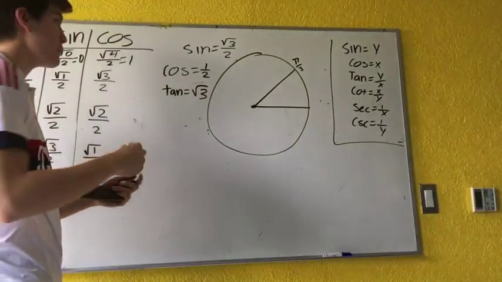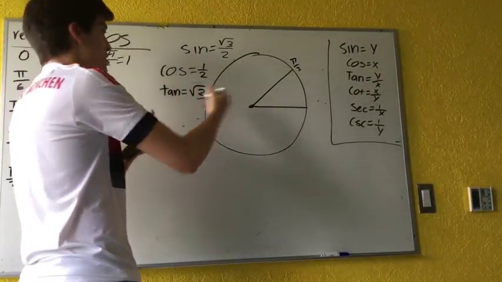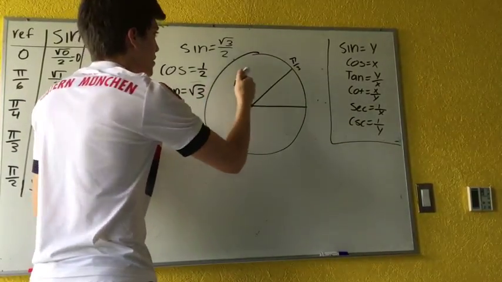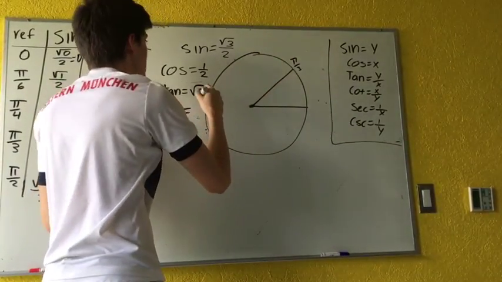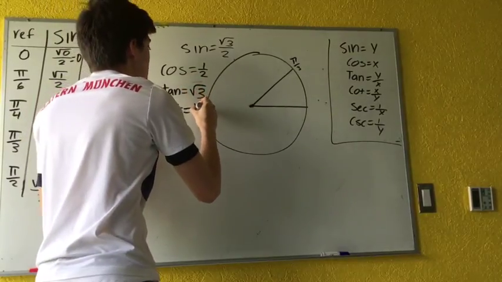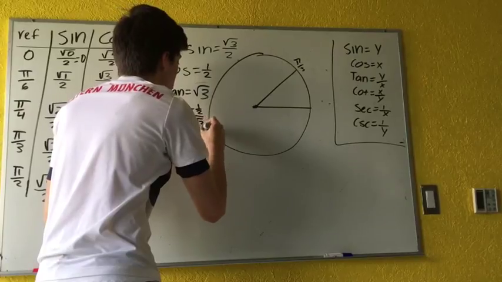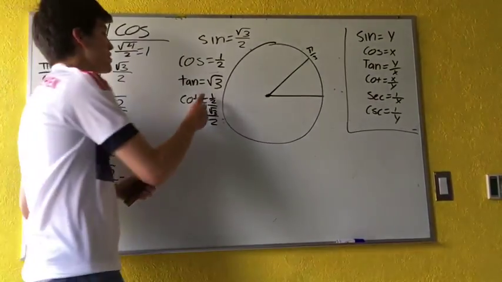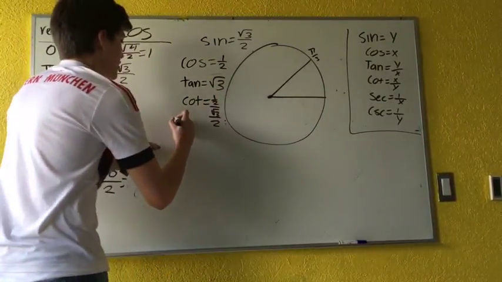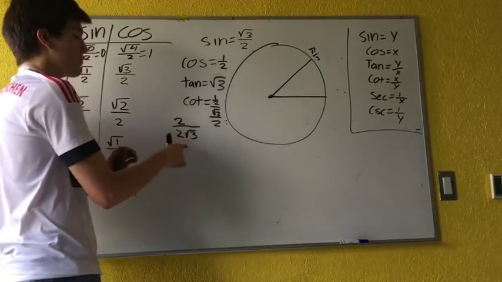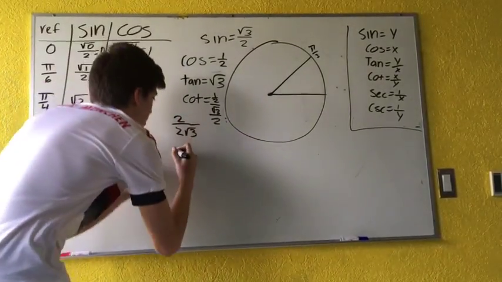So now we have to obtain the cotangent. We are going to have the cosine, that's 1/2, over the sine, that's root square of 3 over 2. So now we need to solve this division. That's going to be 2 over 2 root square of 3. We cannot have radicals, so we need to solve this.